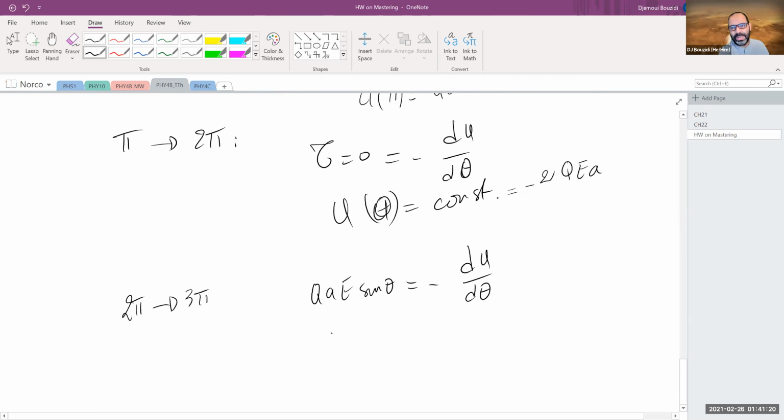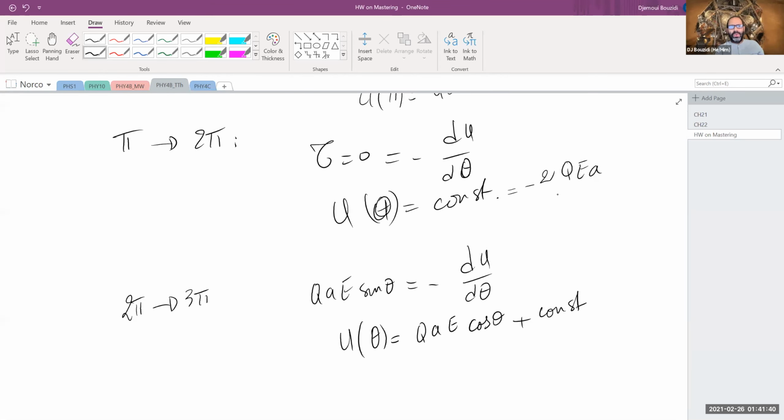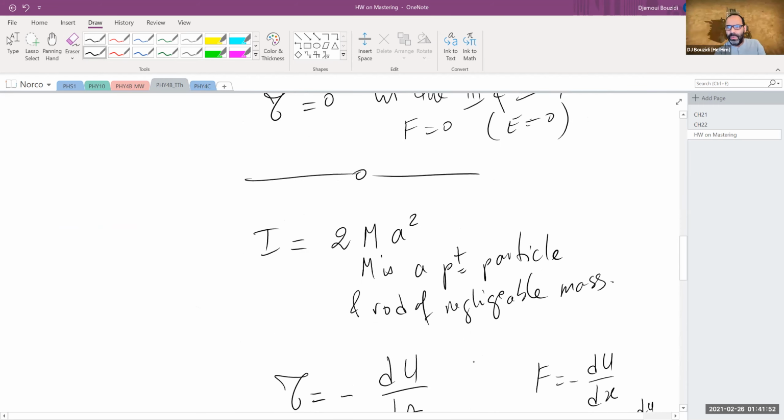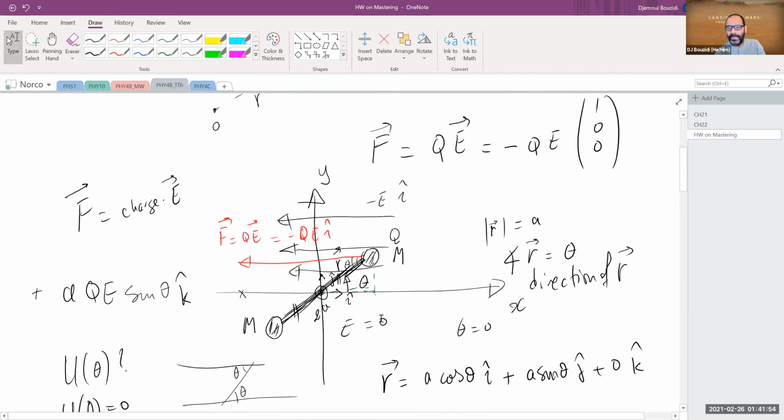And again, if I integrate this expression, just a repetition of the previous one, it's going to give me U of theta equal to QAE cosine theta plus another constant. This new constant better make this one continuous. By the time we reach theta equals 2 pi, this value is equal to this number. Remember, it was a value 0 to begin with here.